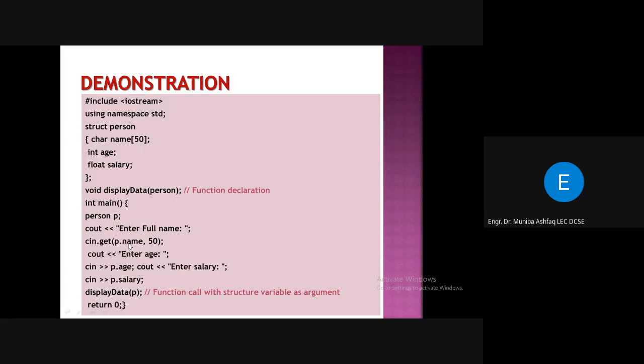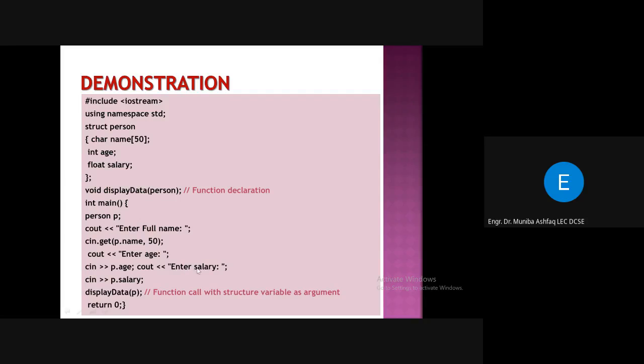right? And then I ask the user to enter age. So how to access this? Using the same object name, p dot age, right? So the value entered by the user will go to the age which is linked with this structure object p.